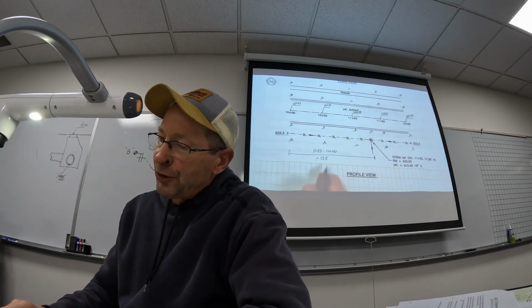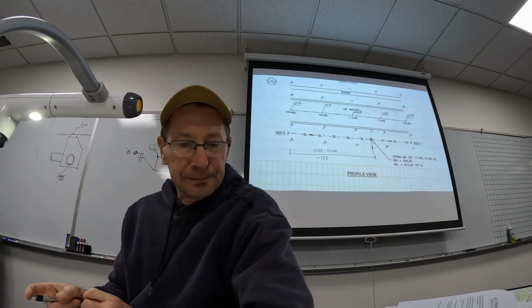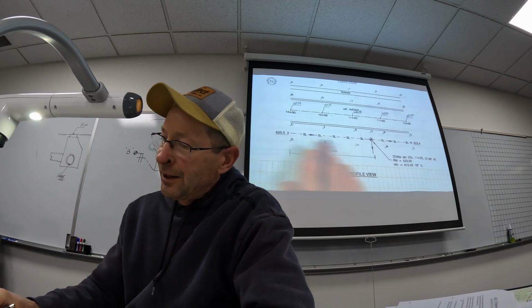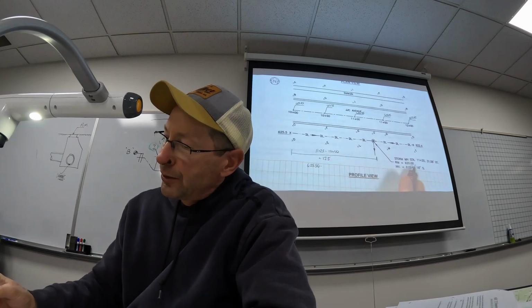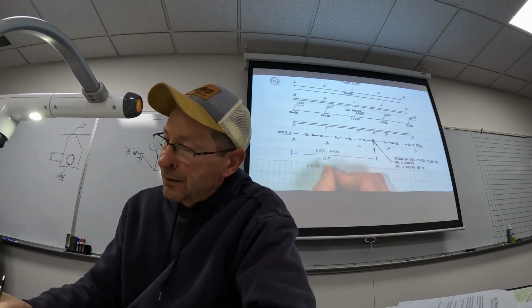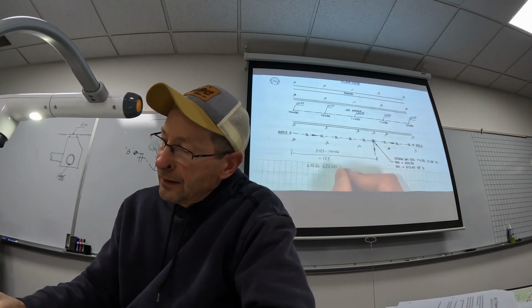So what is the slope of the ditch? How would we get that? We got a high and a low, so we've got 625.50 down to the rim of 620. So that equals 5.5 feet.